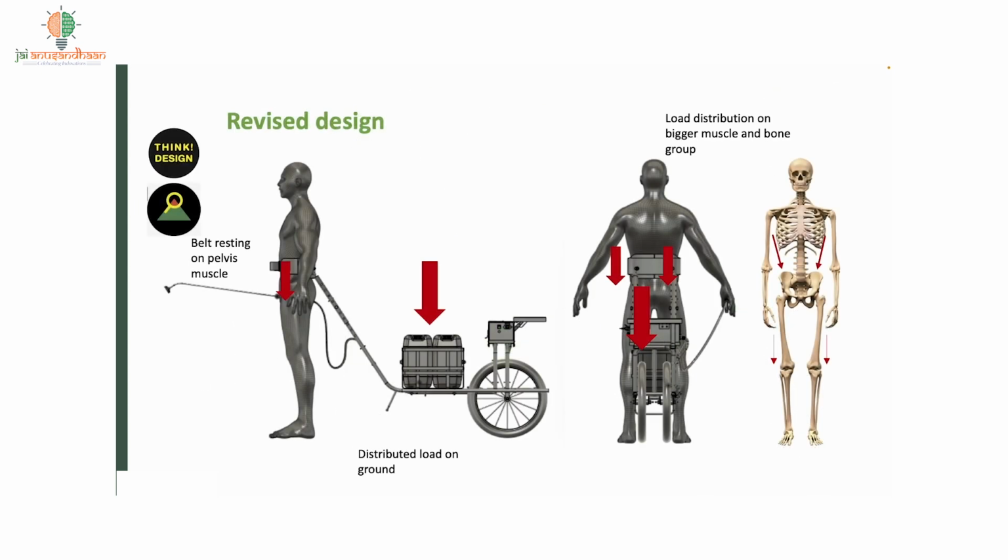So this was the revised model. Okay, so you had this with the container and the load is distributed around. Okay, and yeah, the portion to pull it is around your waist instead of your shoulders.